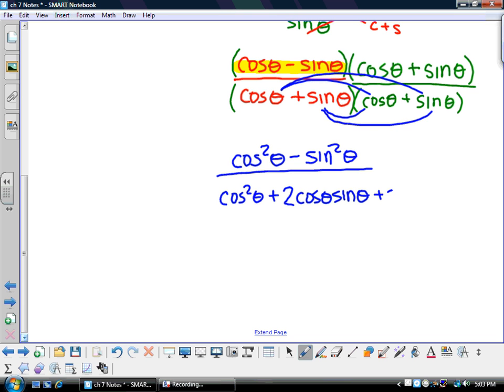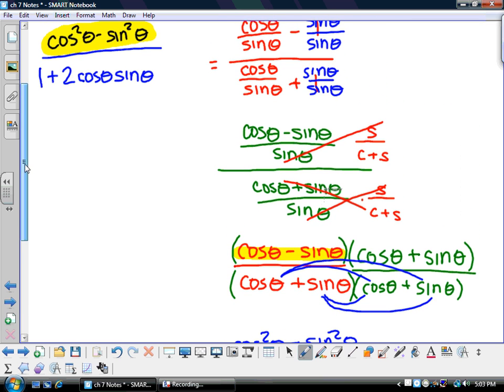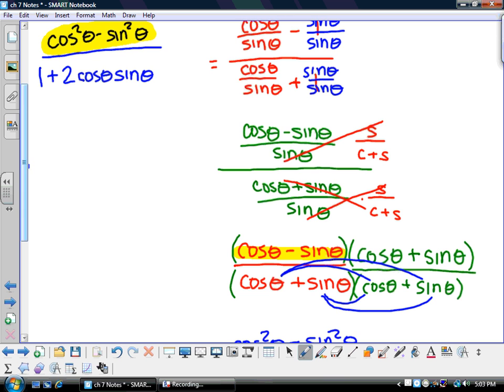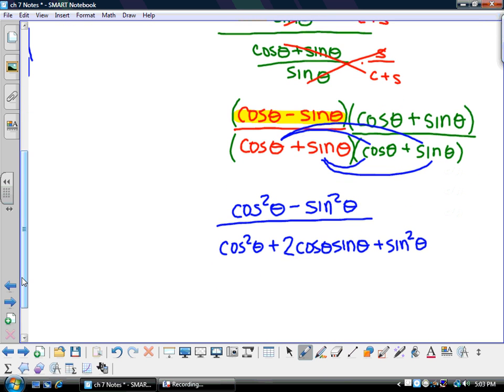And you get a sine squared. This is good. Now the tops match what we are trying to get them to be. The bottoms have the 2 cosine sine that we want. And these 2 terms could combine using a Pythagorean identity to equal 1.